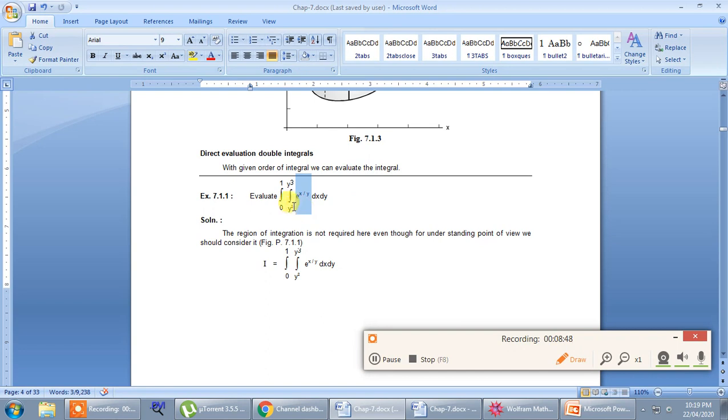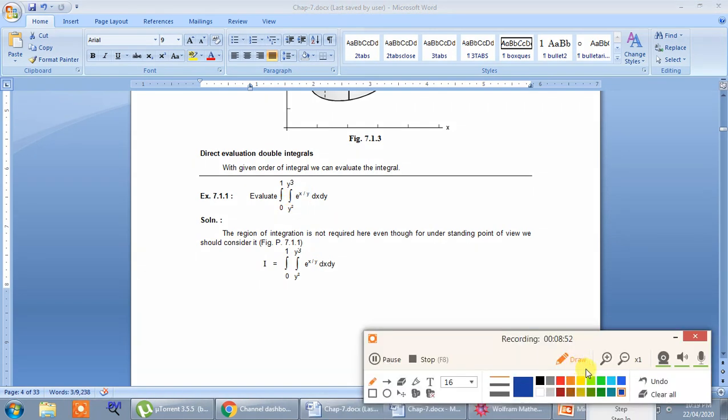Now if you decide to integrate this, first of all you are supposed to decide the order of integration, in the sense of with respect to what you are going to integrate. Here you have two differentials, dx and dy. Whether to integrate first with respect to dx or dy will be decided by the inner integration limit, which is in terms of y.